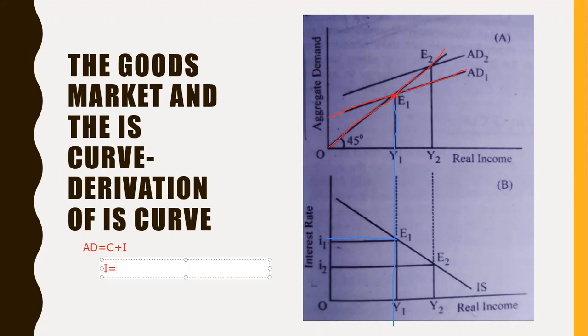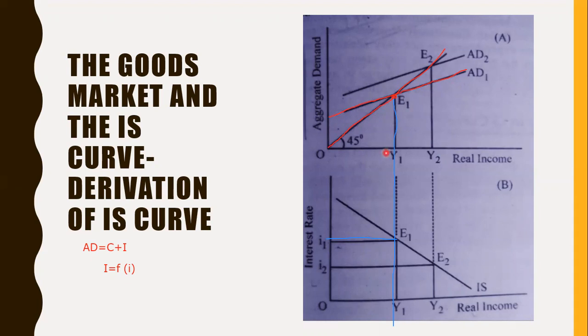Investment is a function of the interest rate. So at I1 we have a certain level of investment, which is added to consumption when we get aggregate demand. Accordingly we derived this curve, the AD1 curve. So this is how we derive the aggregate demand curve.